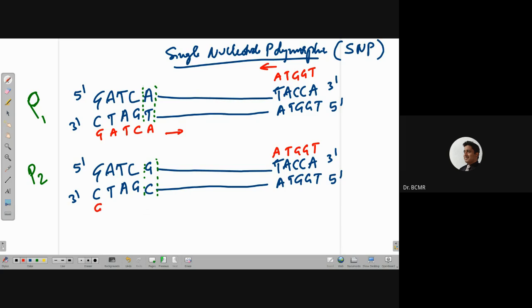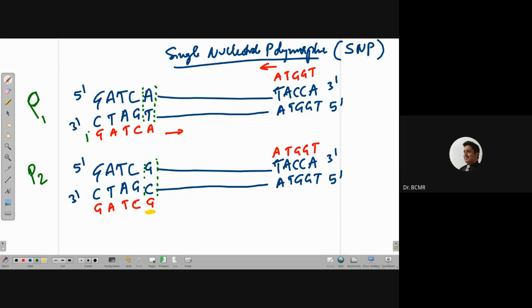And here, GATC, I cannot write A; there should be something else, and that is G. There is a difference. So there are three different primer sequences that we are using.